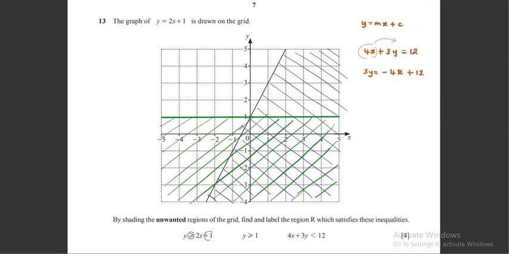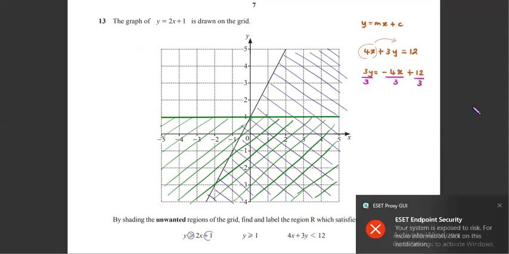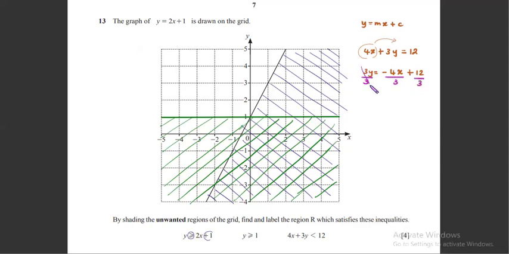Now, for me to find what y is equal to, I need to divide everything by 3. So this should be divided by 3. This also has to be divided by 3. When I do that, I get the equation for y, which is y equals negative 4 over 3x, and then 12 divided by 3 is 4. So plus 4 is the equation of the straight line that we have.